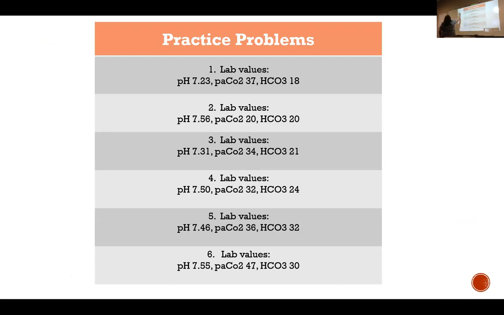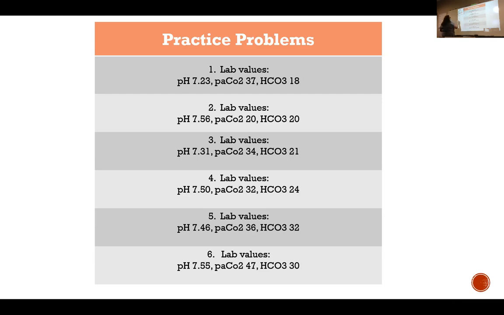What about our respiratory? What are our normals? 35 to 45. And then what about our bicarb? 22 to 26. So this side is acidic, and this side is base, right?